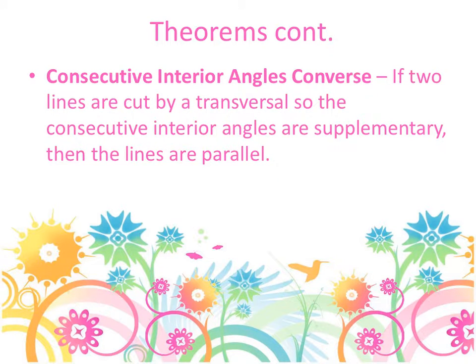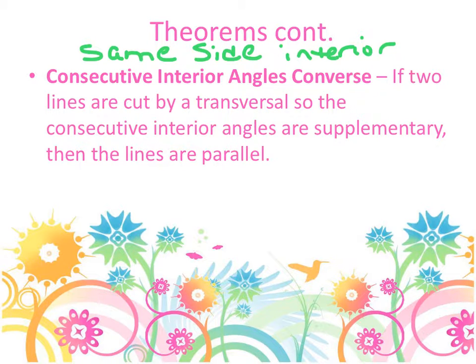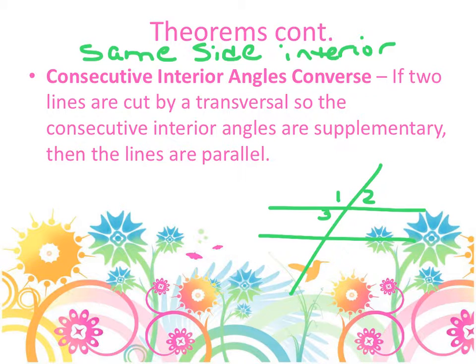The next theorem is the consecutive interior angles converse. Remember, we also saw this as same side interior. So if you ever see consecutive interior, it also means same side interior angles converse. So again, if I were to draw two lines, and we don't know if they're parallel yet, and add in 1, 2, 3, 4, 5, 6, 7, 8.